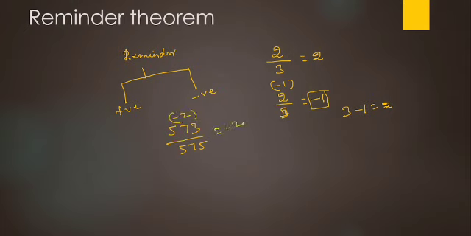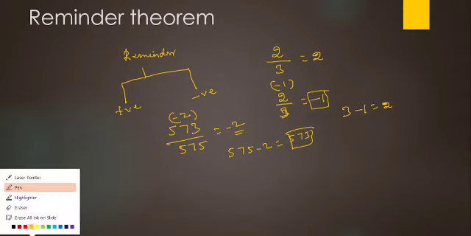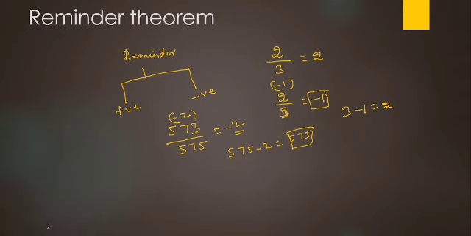So, you will get minus 2 as a remainder. Since you are getting minus 2 as a remainder, a negative answer, divisor 575 minus 2 is equal to 573 is the remainder. So, the answer is 573. So, it goes like this. We will see a certain set of examples in this case.